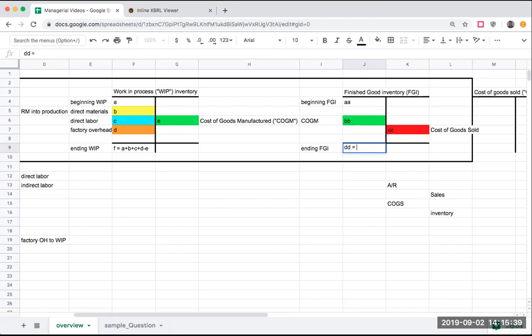My ending finished goods inventory is going to be equal to my beginning finished goods inventory plus my cost of goods manufactured minus my cost of goods sold.